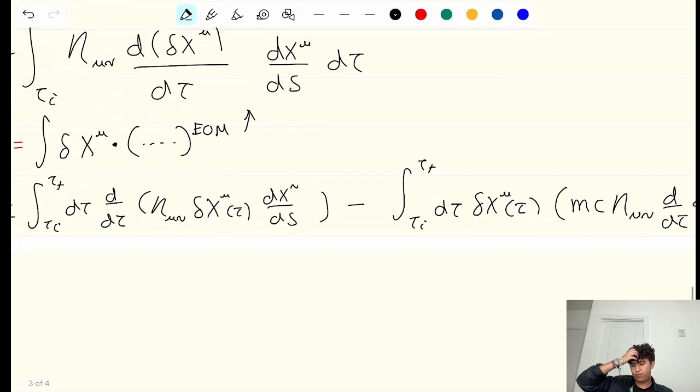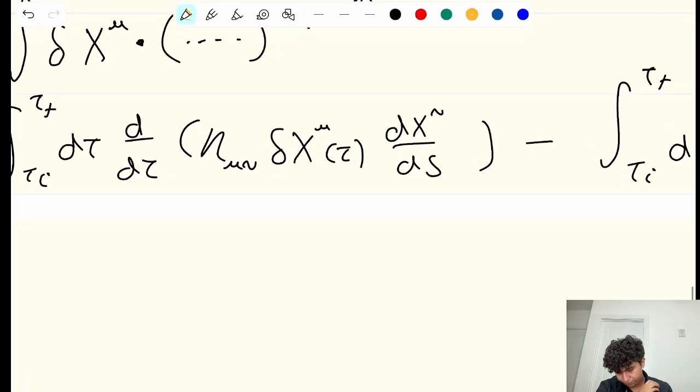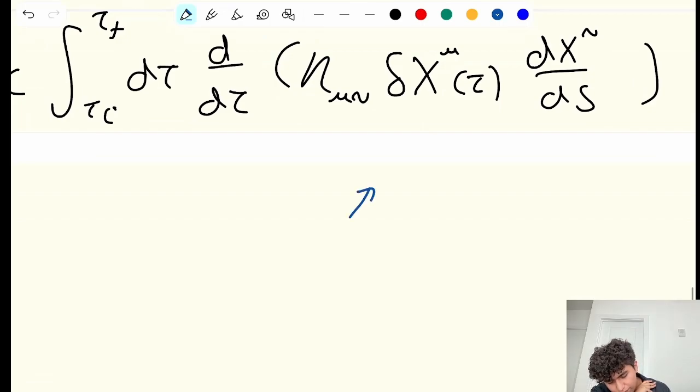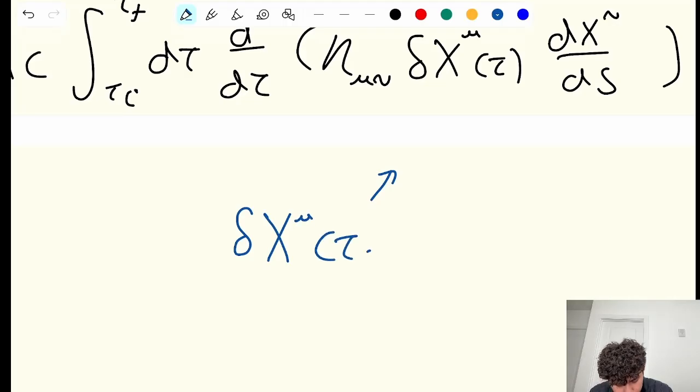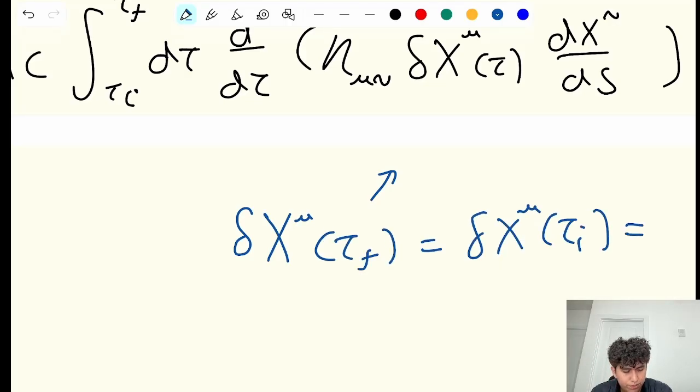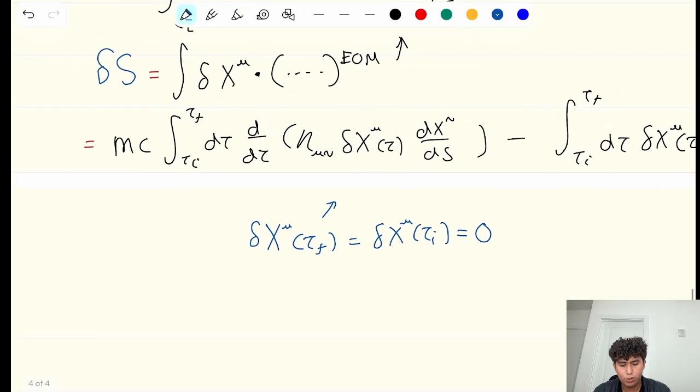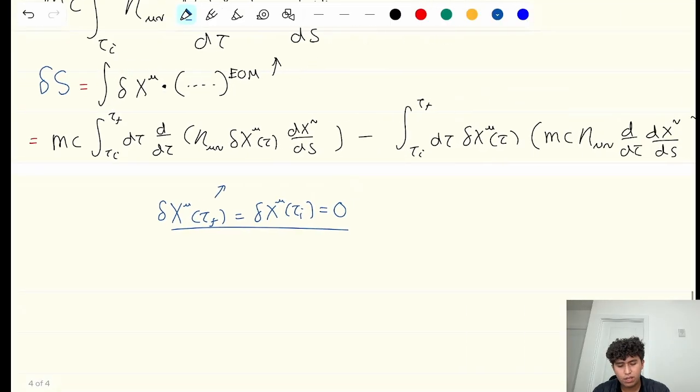Okay, so first let me analyze this term. We know that the two endpoints are fixed for this path. So the variations at t final and t initial should be equal to 0. We know that. Cool, so this whole term is going to vanish.